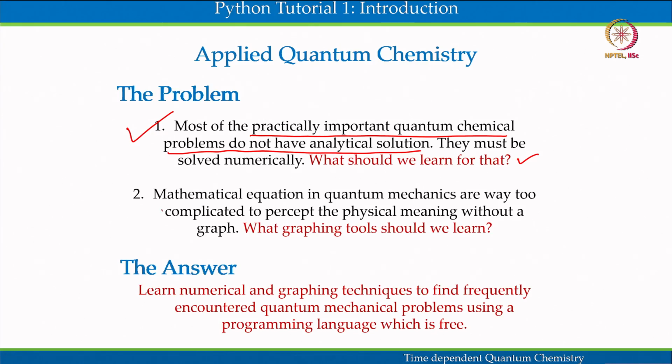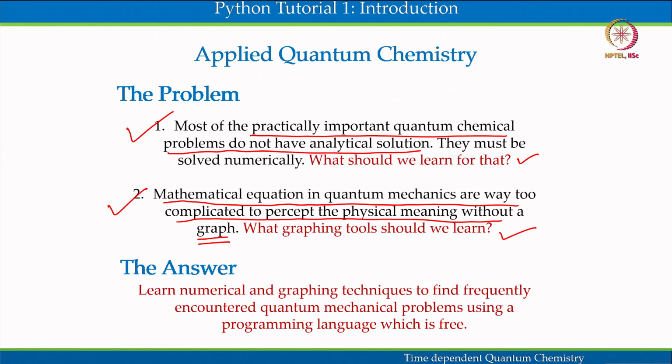So another problem is that even when we can have analytical solutions in quantum mechanics, these analytical solutions are way too complicated to perceive the physical meaning without a graph. And the question is, how do I use different graphing tools to portray the physical concept behind the quantum mechanical system?